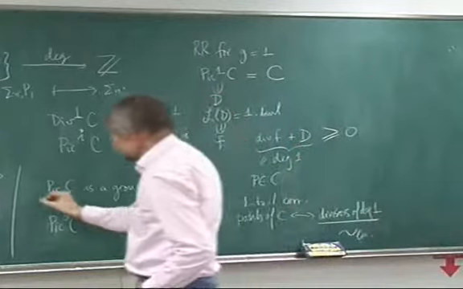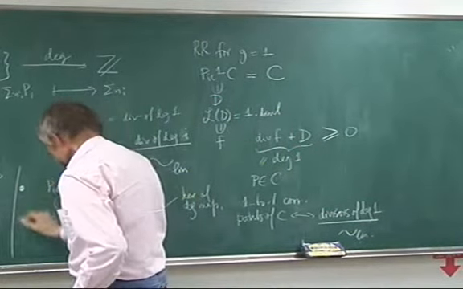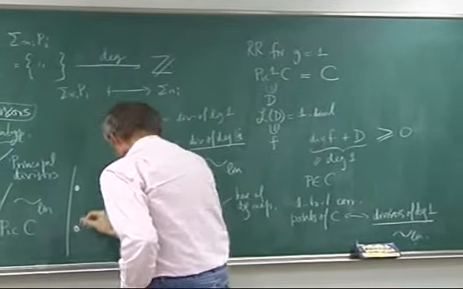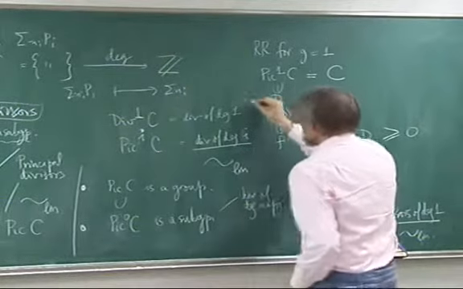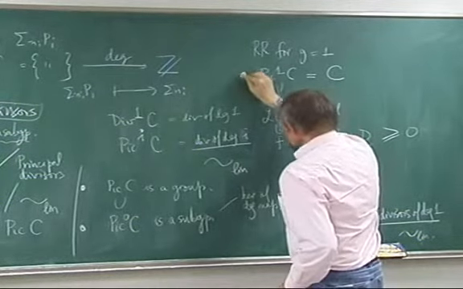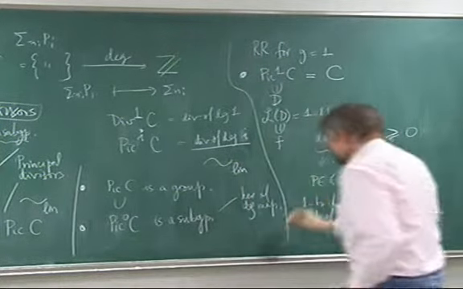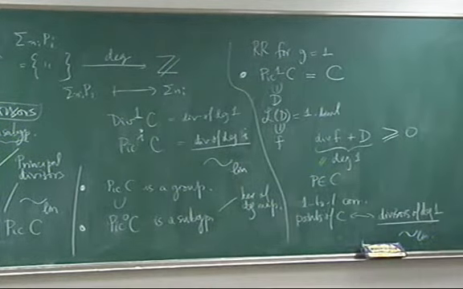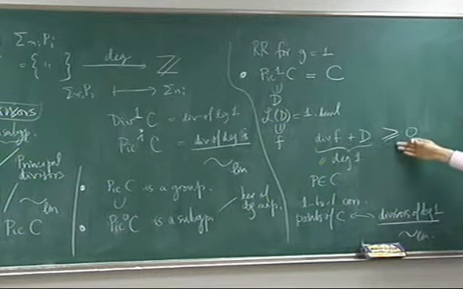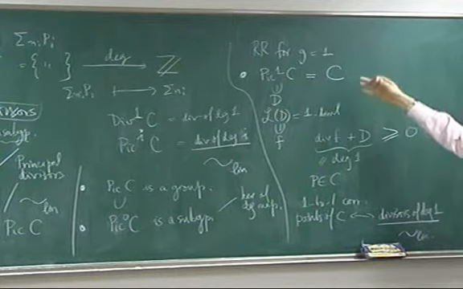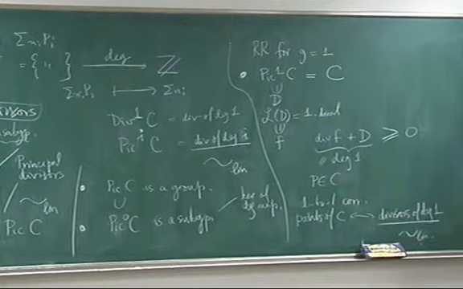So I'm setting out these statements in a way that really does not need any proof. I mean, these things are really just obvious. The thing I've used here is Riemann-Roch for genus 1. That's the only difficult point in this argument, the only point with any content.